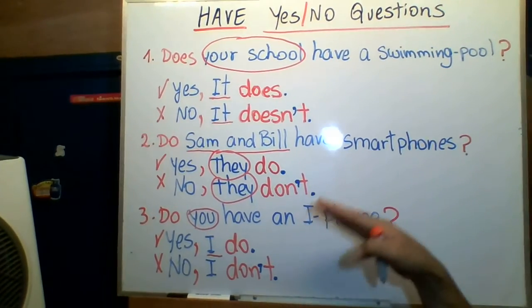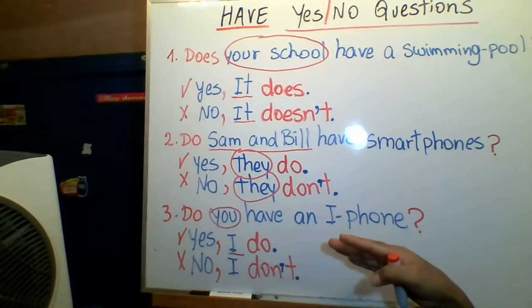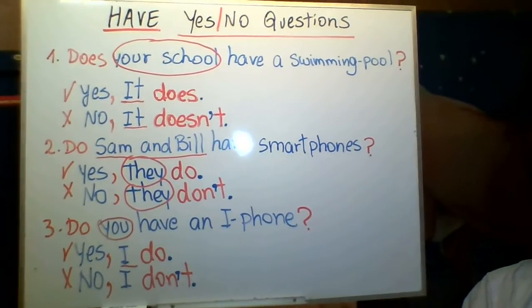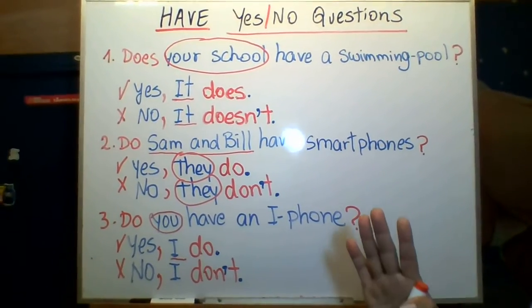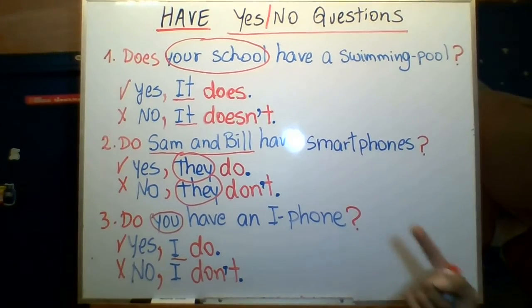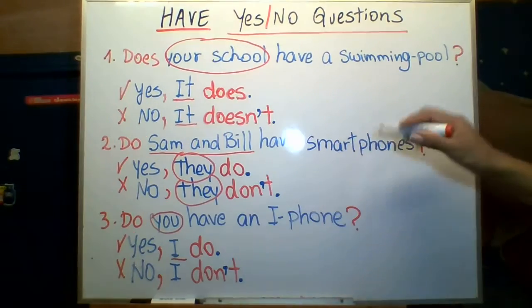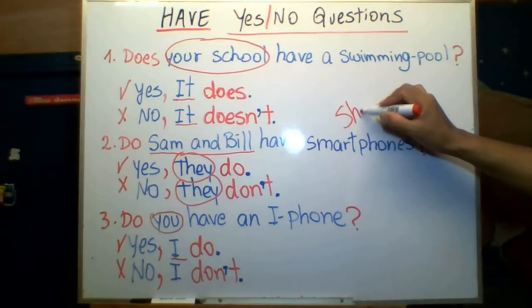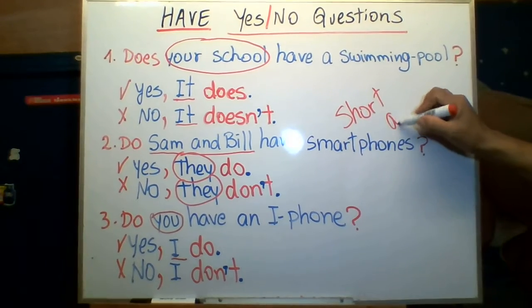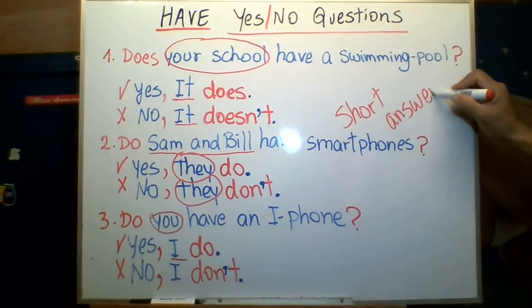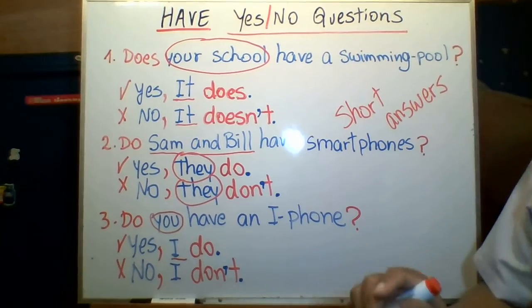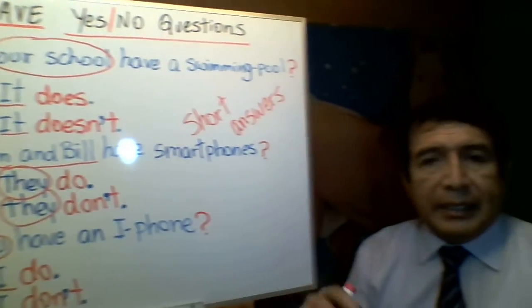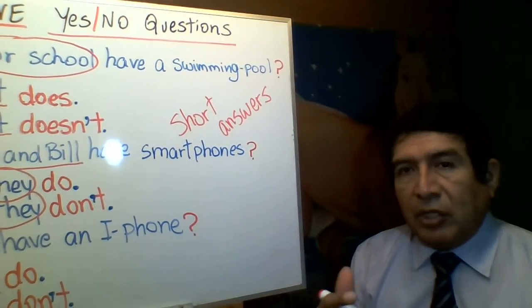So the answer for this question is only an affirmative or a negative form. So all of these are short answers. That's why they are called short answers, because they say yes or no but they don't give extra information.